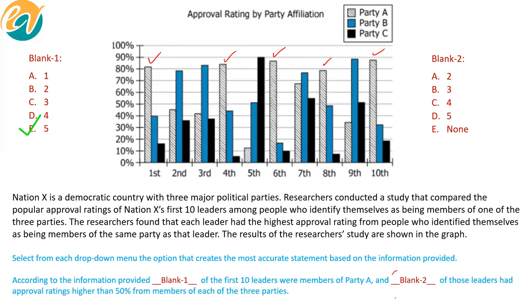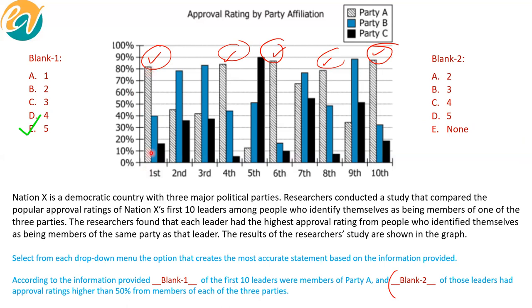Okay, and how many of those leaders, mind you, now this is slight English, how many of those leaders means we are only considering these 5 leaders. How many of those leaders had approval ratings higher than 50% from members of each of the three parties? Approval rating higher than 50%.